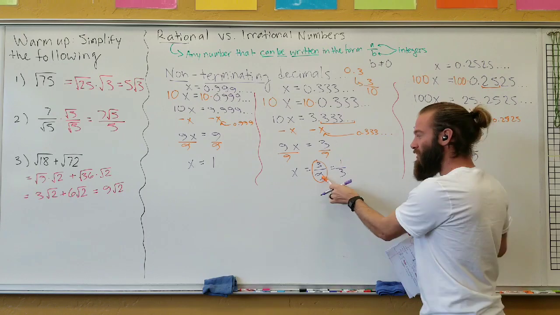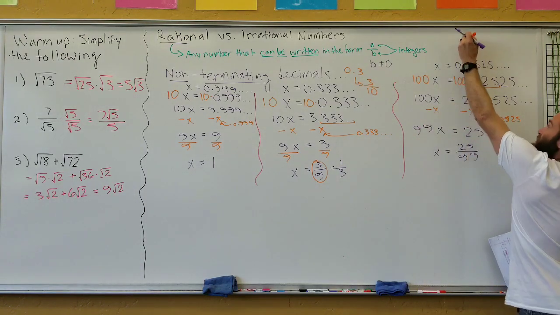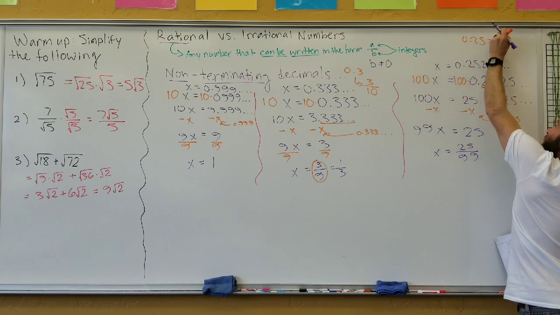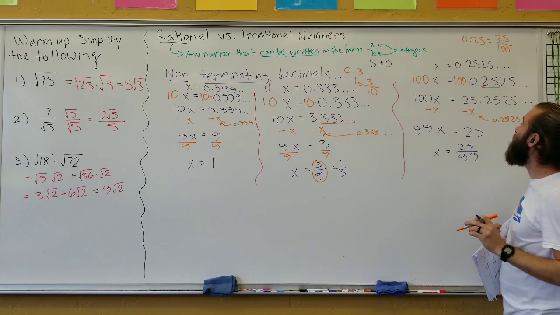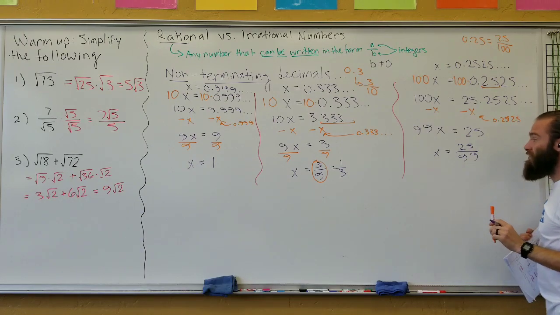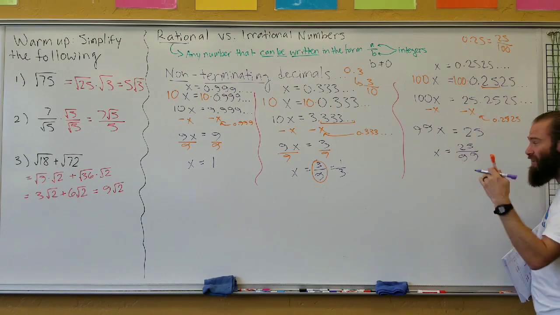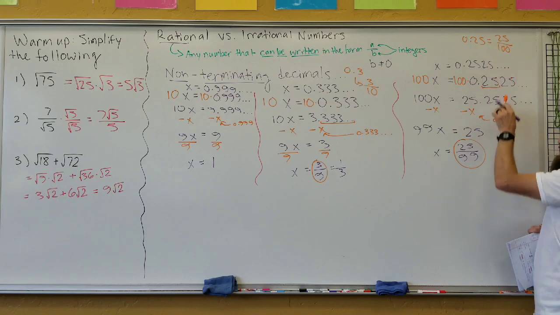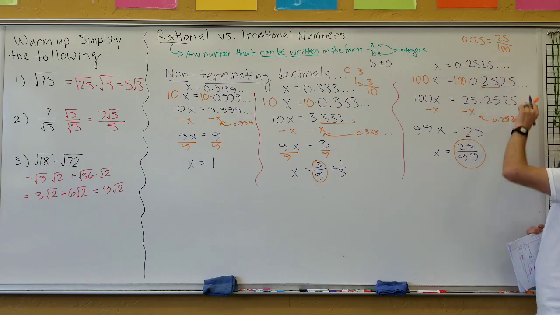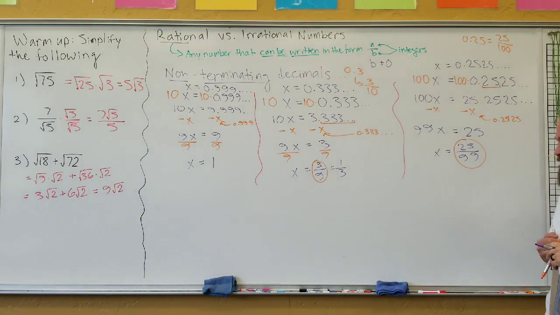It's just one number below 10 on the denominator. Watch this. If I had 0.25 not repeating, that's 25 over 100, right? Does that make sense? But if I have 0.2525 repeating forever, then it actually becomes 25 over 99. So that 99 is one less in the denominator than the 100. So there's really interesting patterns, okay?